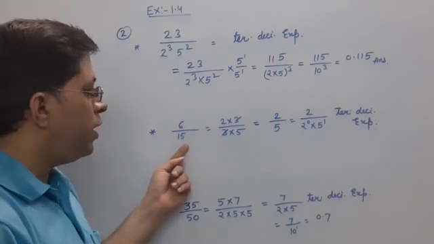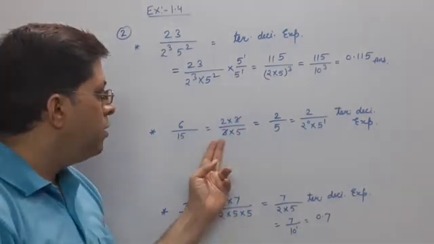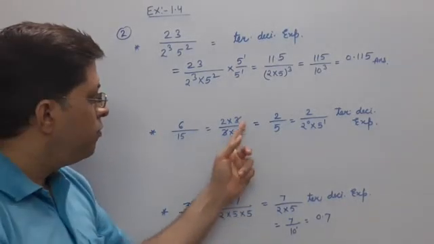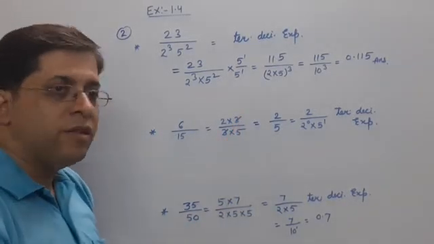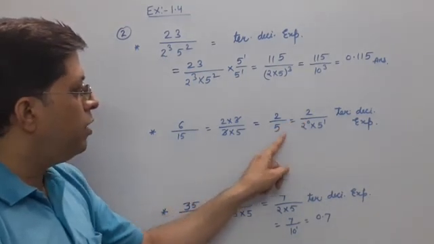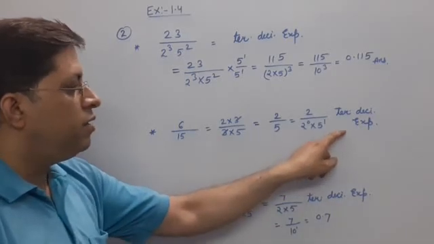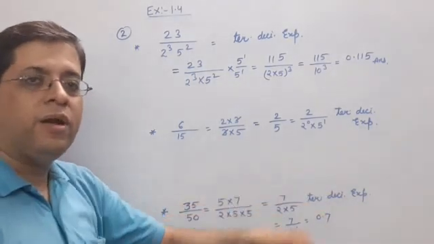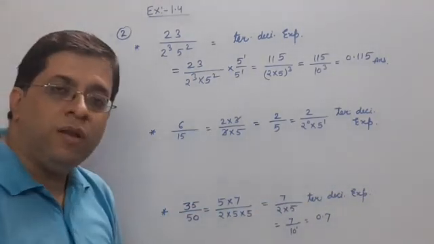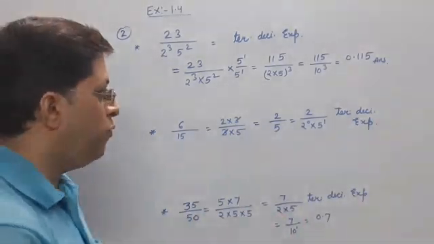Okay, one more. 6 upon 15. Get prime factors: 2 into 3, and 15 is 3 into 5. When you cut it, you will get 2 upon 5. So you can represent 5 like 2 power 0 into 5 power 1. Yes, it can be represented in terminating decimal expansion. So now you have to convert in decimal form.